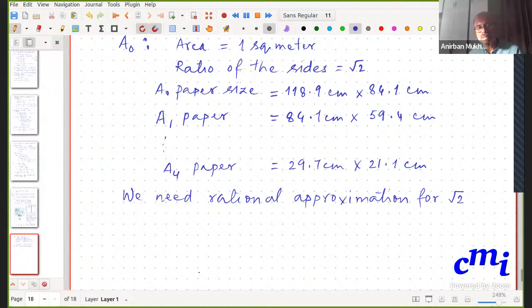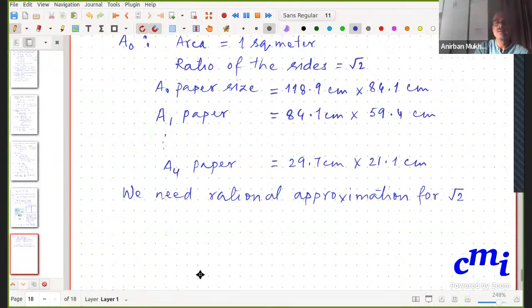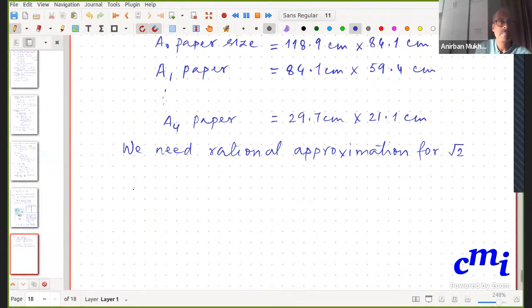And the easy way to get a rational approximation, which we have just seen, is by looking at the convergents of its continued fraction. So let's write down the continued fraction expansion first.